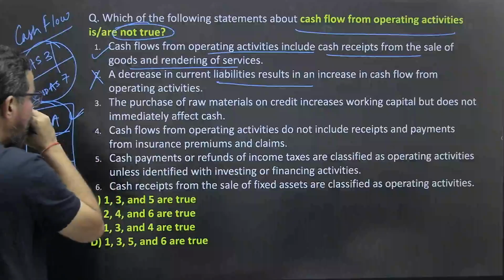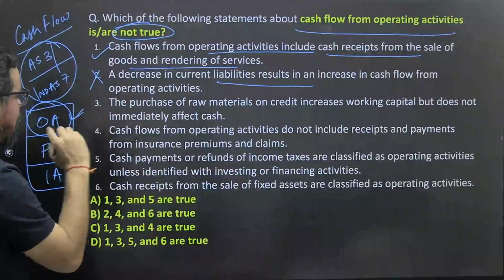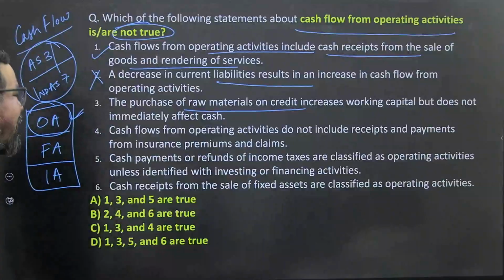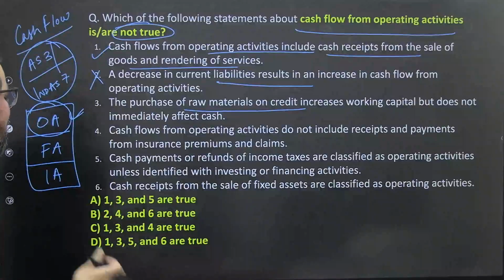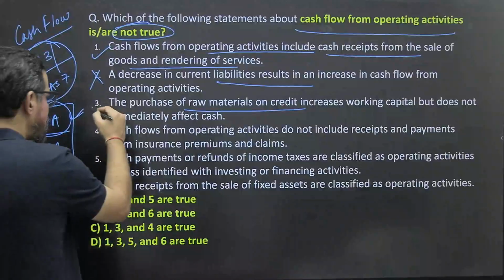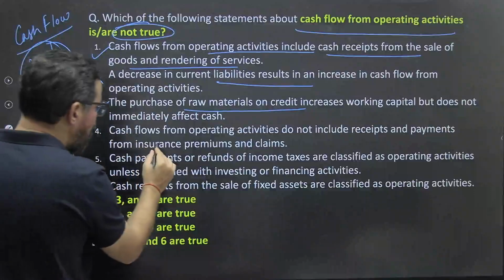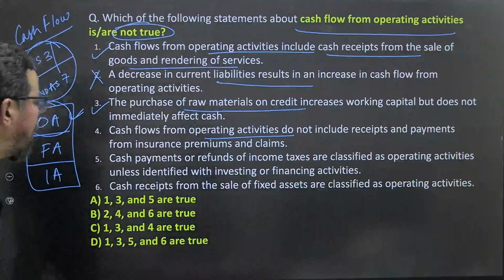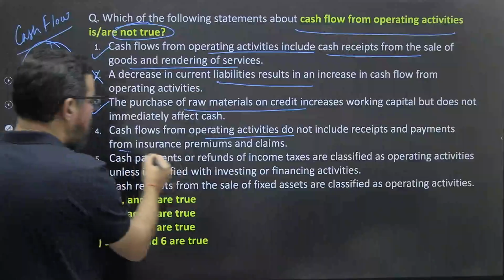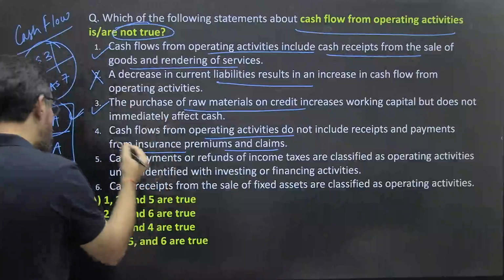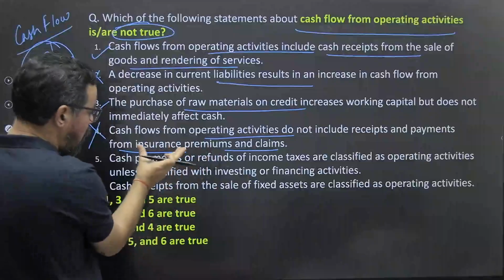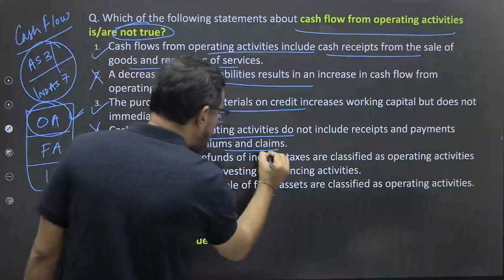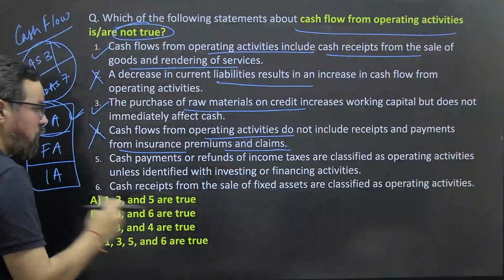Third: the purchase of raw material on credit increases working capital but does not immediately affect the cash. This is true. Fourth: the cash flow from operating activities does not include receipts and payments from insurance premium and claims. It does include them, so this is wrong. Your insurance premium is an outflow from operating activity, and your claims are an inflow from operating activity.